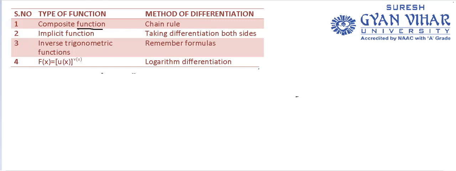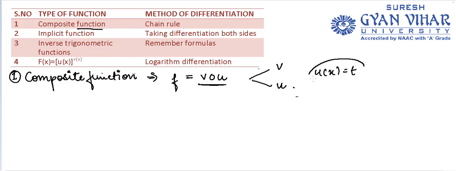Composite function. What is basically a composite function? A composite function is the combination of two functions. If we have f equals v of u, that means it consists of two functions. One is v and the second is u. So we can write u of x as t.